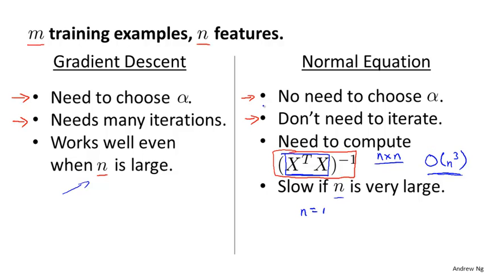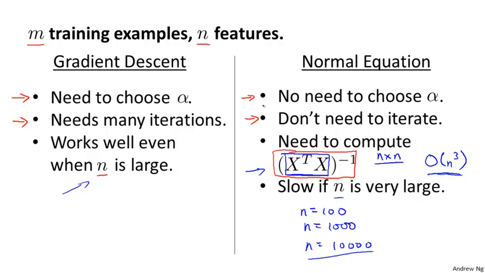Well, if n is on the order of 100, then inverting a 100 by 100 matrix is no problem by modern computing standards. If n is 1000, I would still use the normal equation method. Inverting a 1000 by 1000 matrix is actually really fast on a modern computer. If n is 10,000, then I might start to wonder.